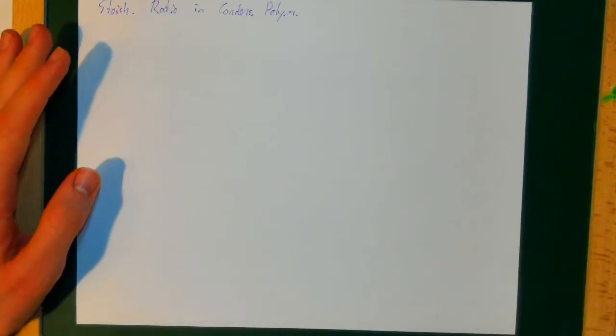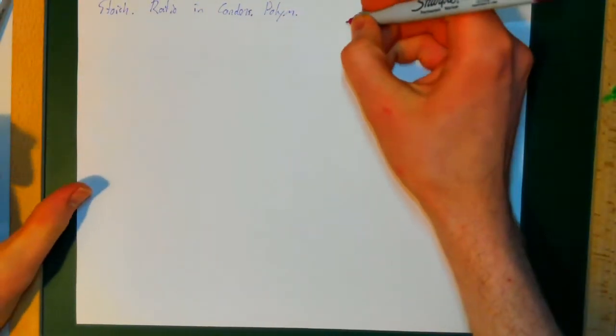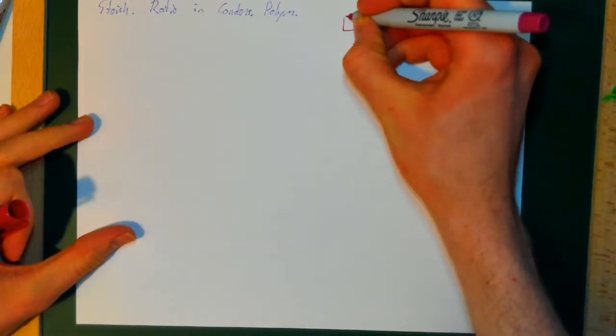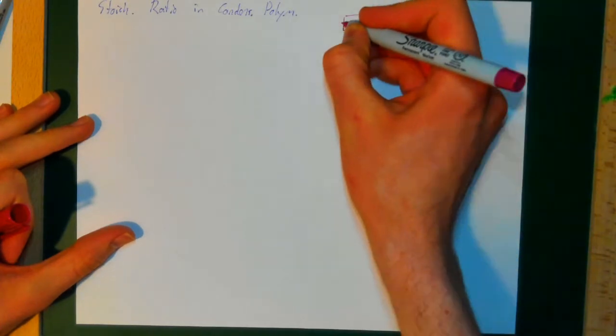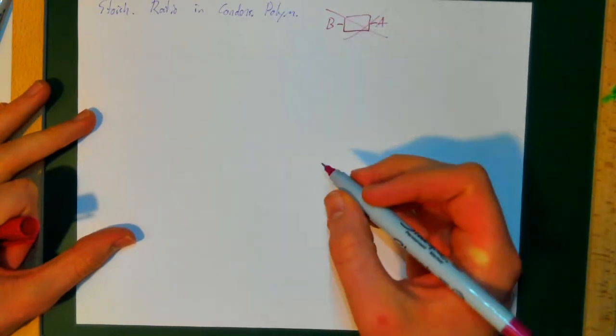So if you remember, for condensation polymers, there are some polymers that form with some group A on one side and some group B on the other. I'm not talking about these polymers today.